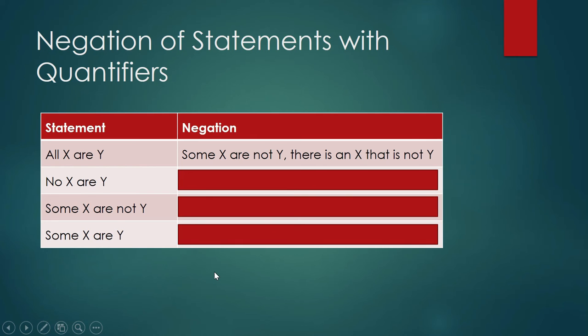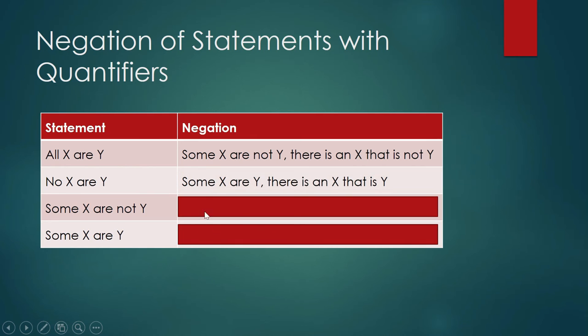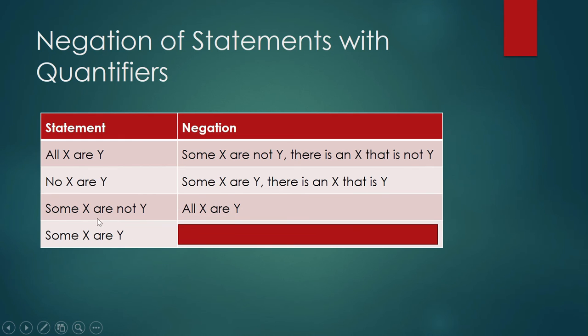What is the negation of that? Some x are y. There is an x that is y. When you say there is an x, there is at least one x that is y. This is a statement with an existential quantifier: some x are not y. Its negation: all x are y.